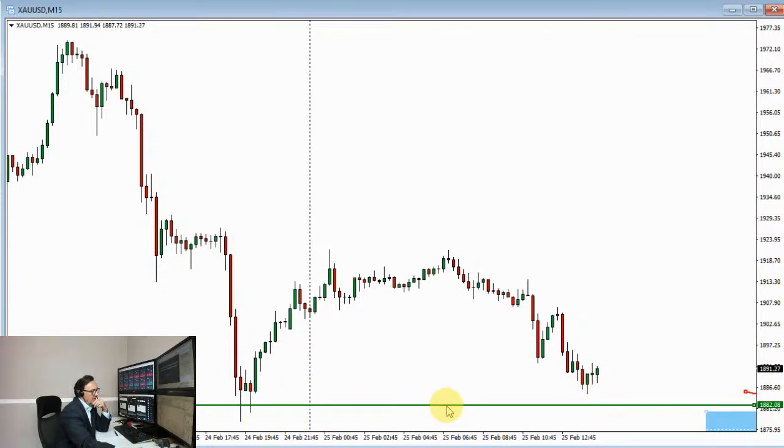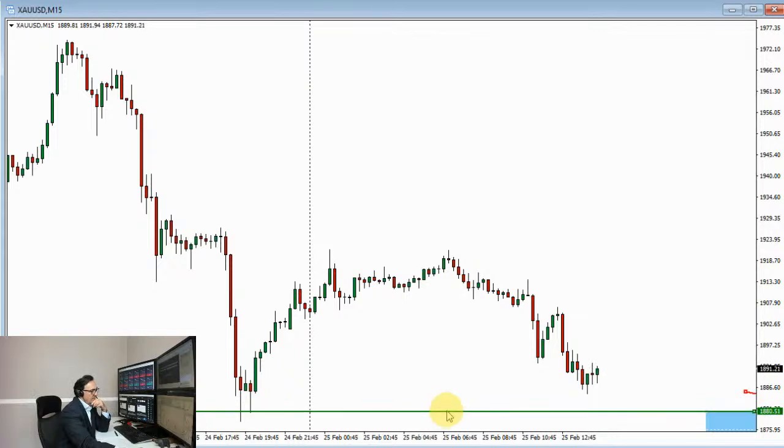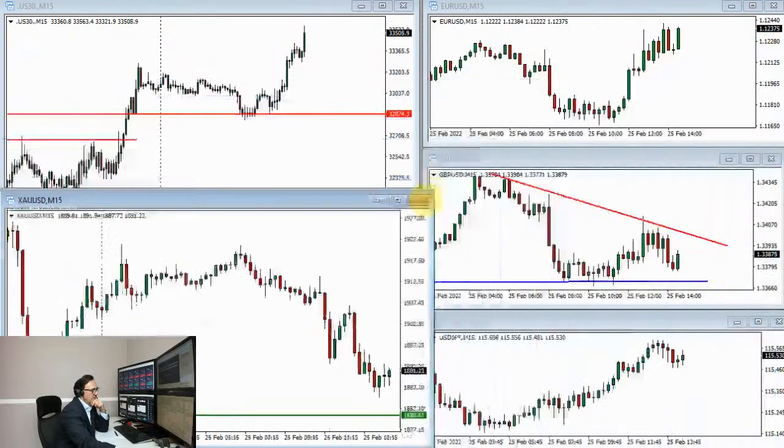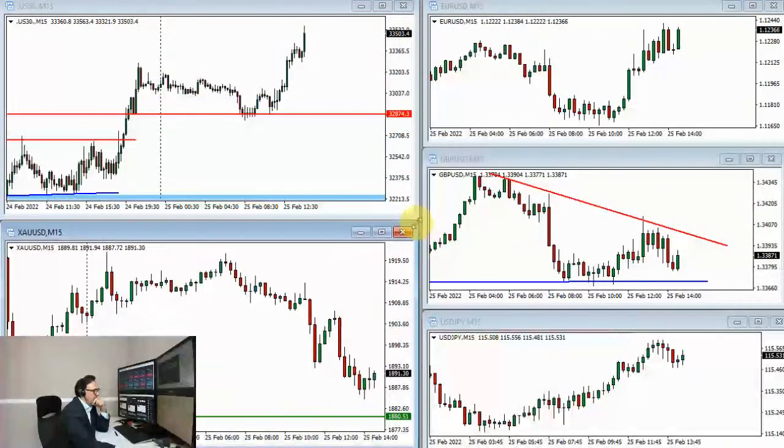Maybe I'm going to be a sucker for a pip and say, oh, you should have got in when you had a chance, you were waiting for the ultimate level, and look, now you missed it and it went without you. But that's where I am with gold. I'm going to let it do its thing, and I'll keep an eye on it and see if it comes to my level.